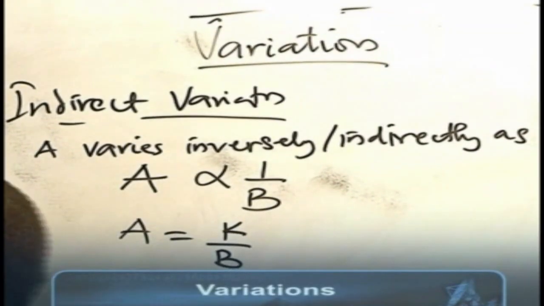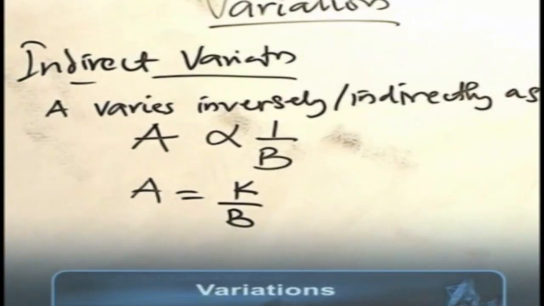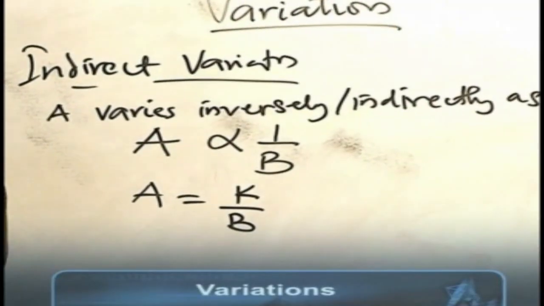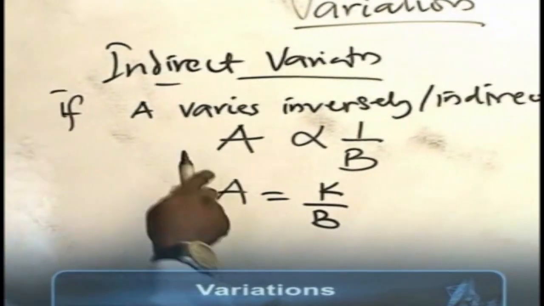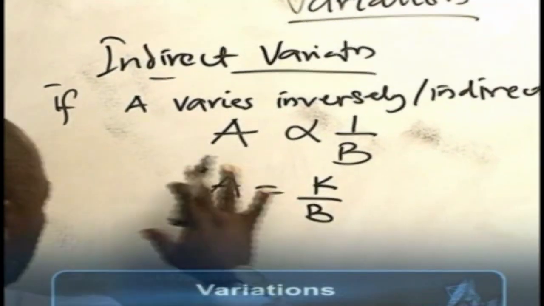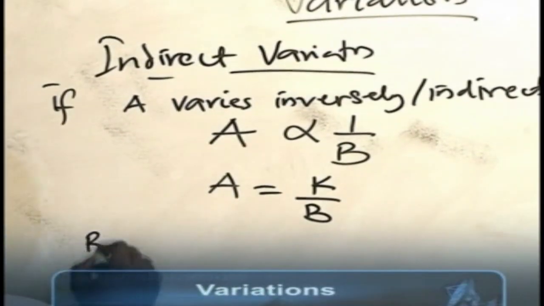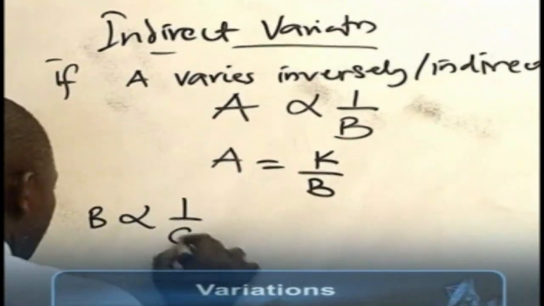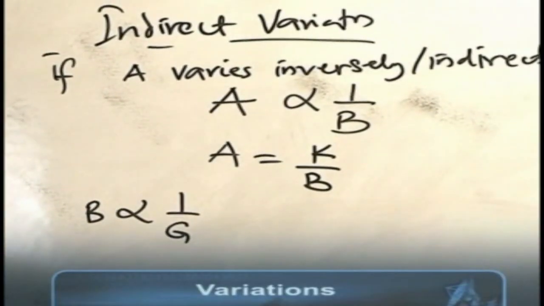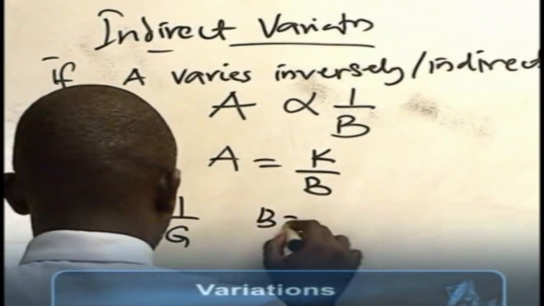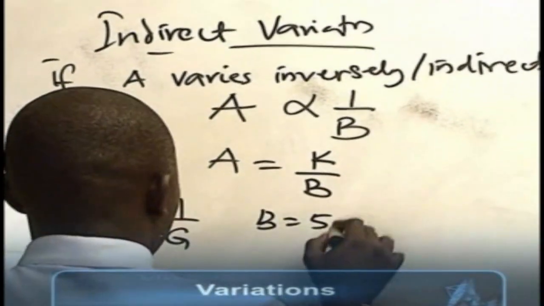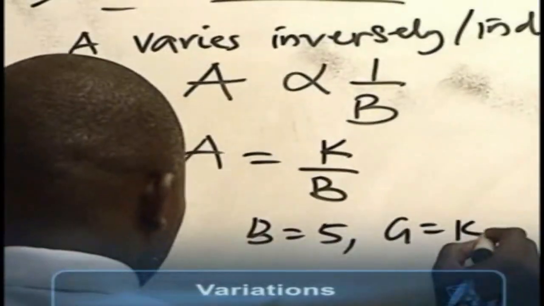The question says B varies inversely as G, and we're told that B equals 5 and G equals 4.